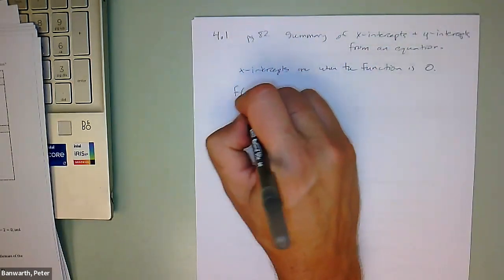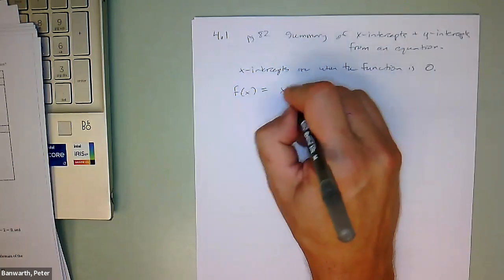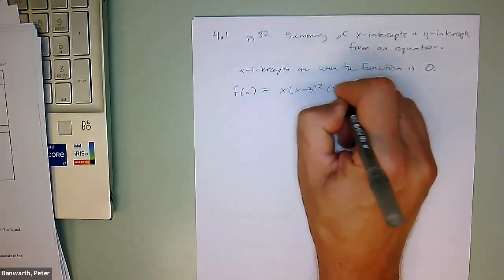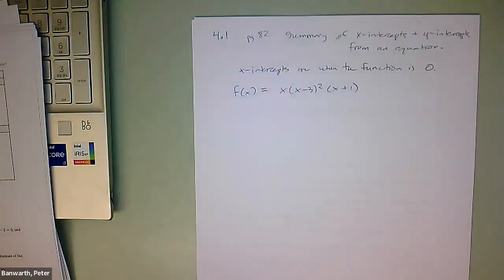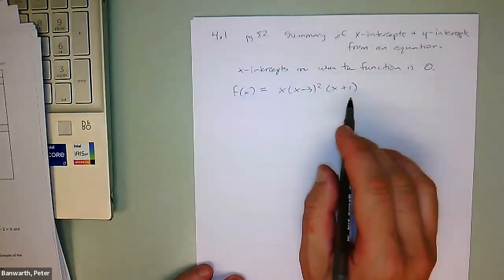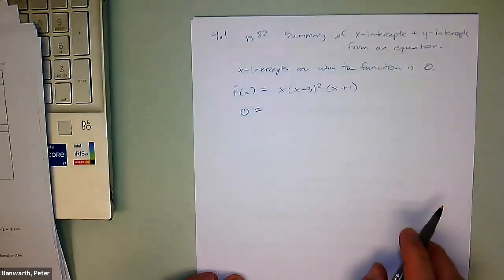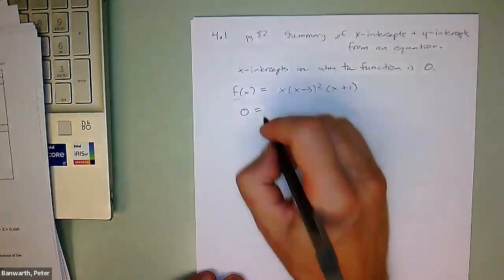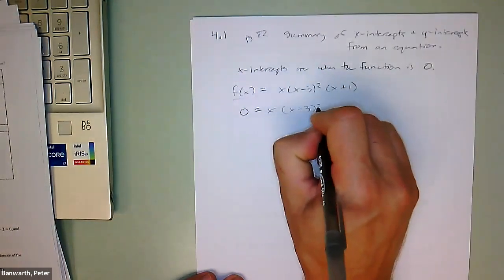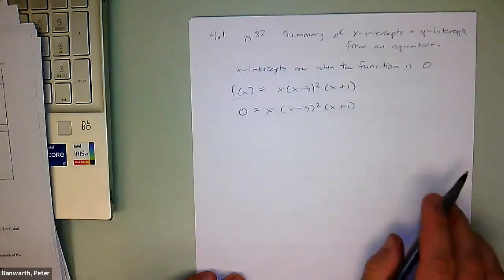So let me take a function, for example, x times (x minus 3) squared times (x plus 1). So if I want to find the x-intercepts, I want to find when the function is 0. So I put 0 underneath the function, and I solve for one or more values of x.